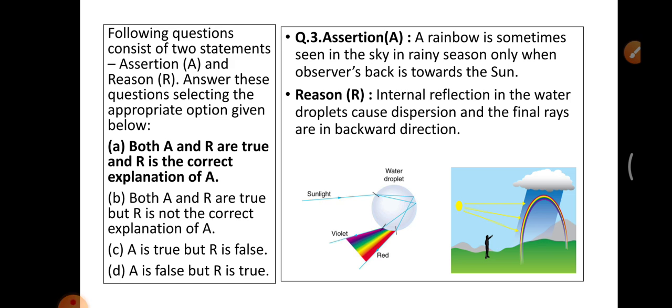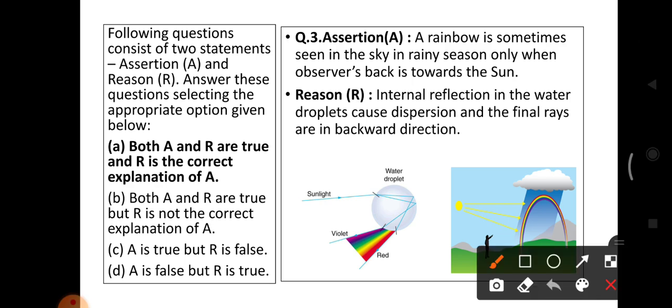In the next question, a rainbow is sometimes seen in the sky in the rainy season only when the observer's back is towards the sun. Yes, we see the rainbow in the sky during the rainy season. How? See, this is the observer, this is a rainbow, and this is the sun. The sun is always at the back of the observer.